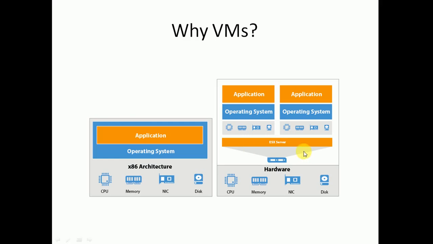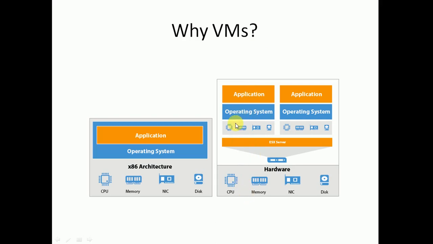Now coming to the VM, how does a VM solve this problem? Using the same hardware, as you can see at the bottom, you can have multiple operating systems, suppose Windows, Linux, iOS, and you can run applications of a particular operating system using the same hardware resources.